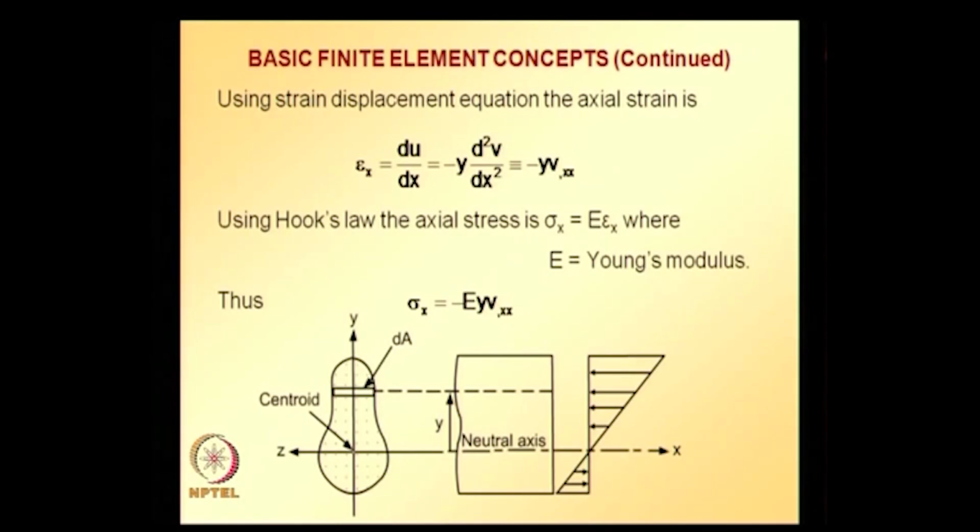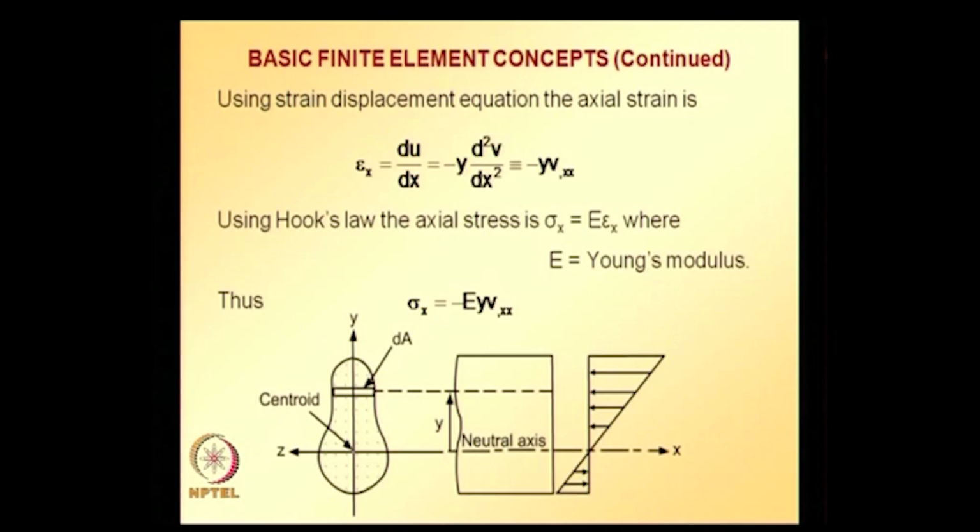So the resulting moment from the stress distribution shown in the figure results in the following moment curvature relationship. Taking the moment of stress over area dA gives the force over that differential element, sigma times dA. If the force is in the positive x direction, it is tension. If it is in the negative x direction, it is assumed to be compression.